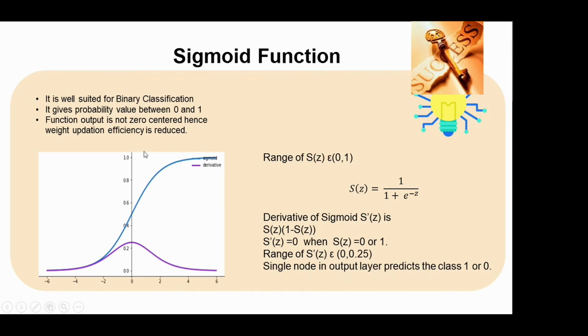And the function output is not zero centered, so if you are getting a maximum value of 0.25, it will update the next unit with very little change. So you are not getting good efficiency. Not zero centered means the range of the derivative is 0.25, which is very small.